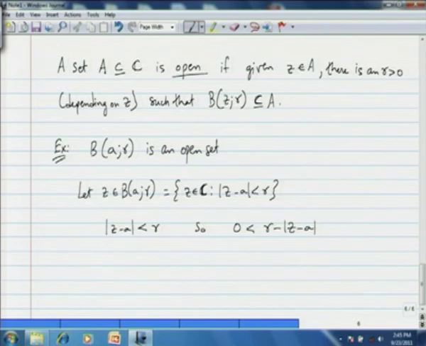So, let delta be such that 0 is less than delta, which is less than R minus the modulus of Z minus A.